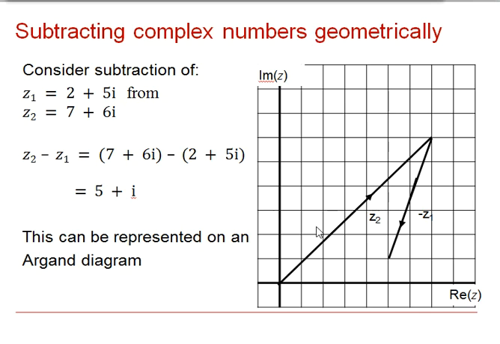So starting with z2, if we then subtract z1, indicated by the direction of the arrow on the vector, then you can see that we will end up at the coordinate 5, 1. The answer, in other words z2 minus z1 equal to 5 plus i, is therefore shown geometrically by this blue line.